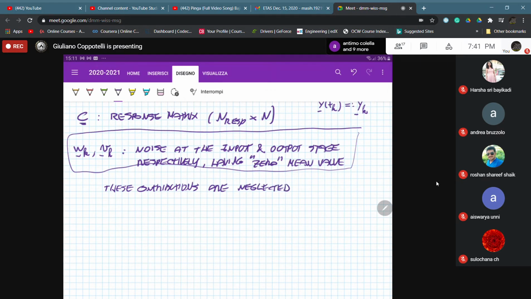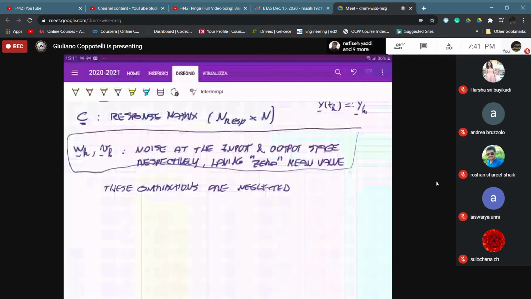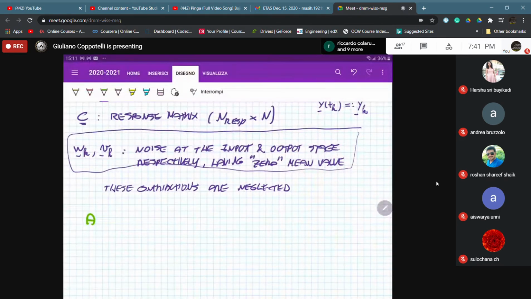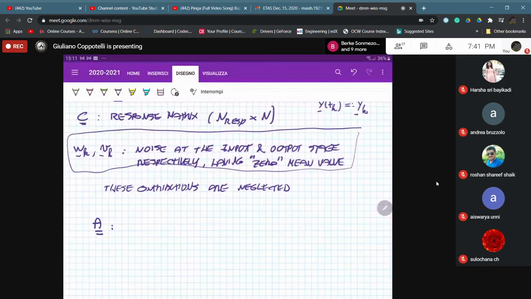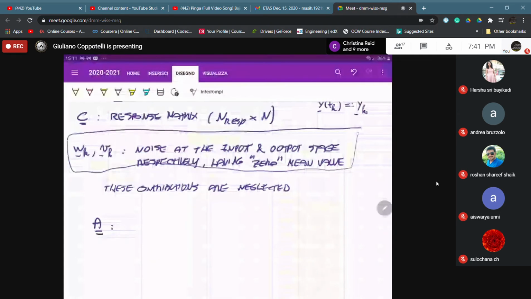So in our equations that we are going to write right now, their contribution could be considered as negligible with respect to the other ones. So remember, the state space matrix A gives the model parameters.